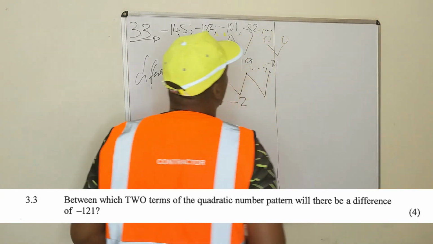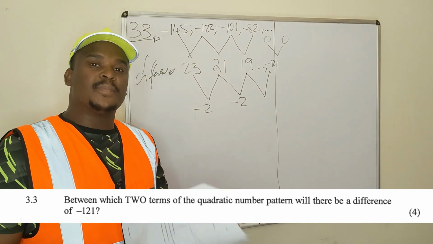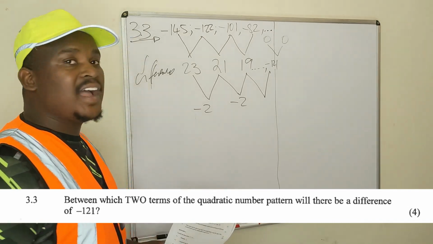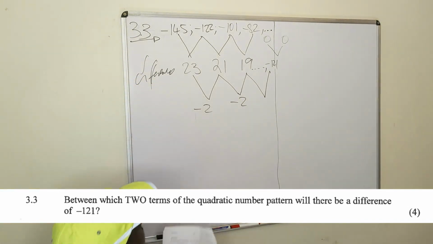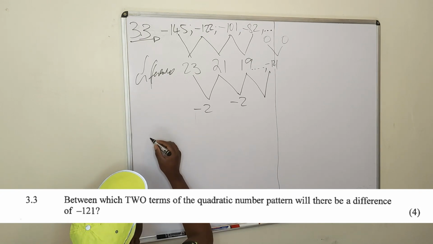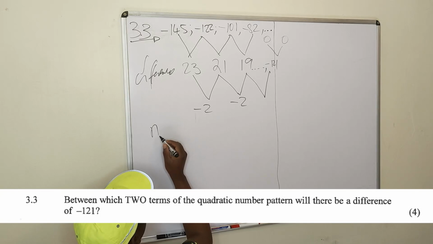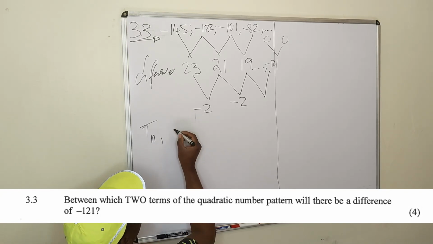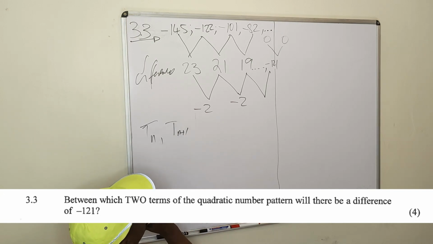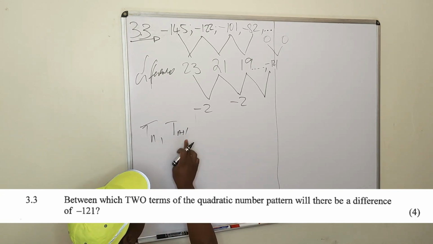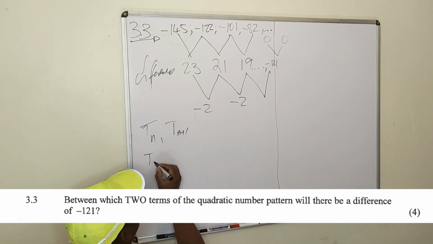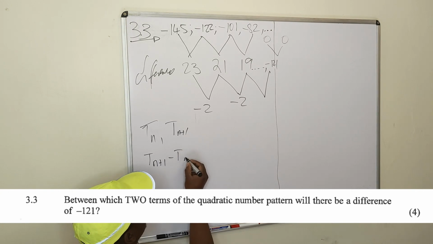Okay. So one thing that we know, those are two terms that are next to each other, right? So we can find the difference between them. Let's suppose it's term number n, and the term next to it, in front of it, is t(n+1). We know the difference between these two terms. That's minus 121, which is t(n+1) minus tn.